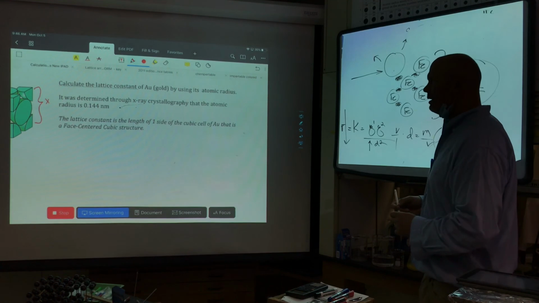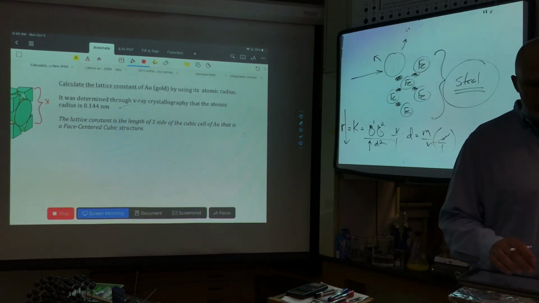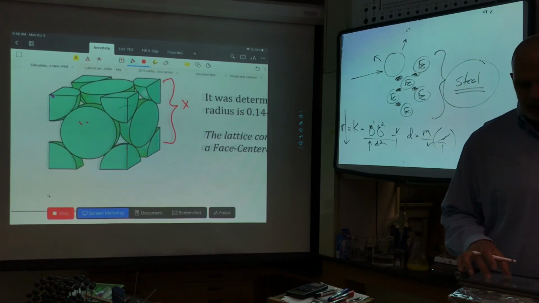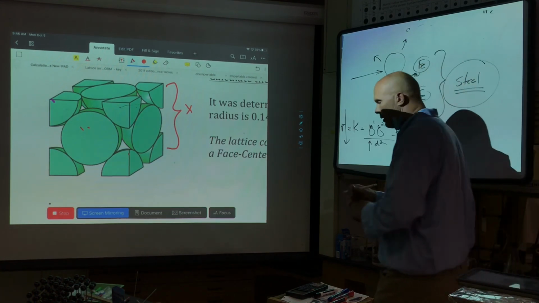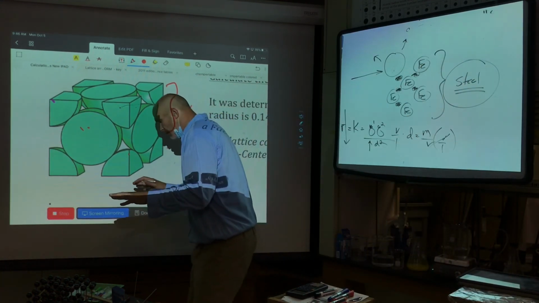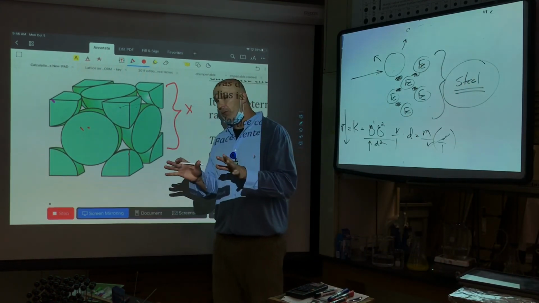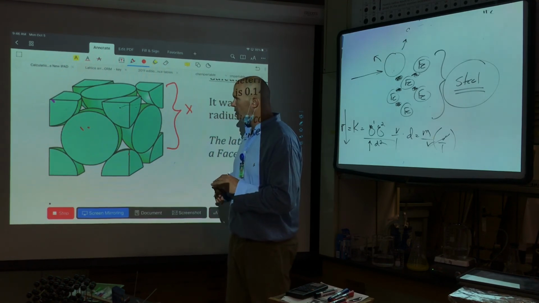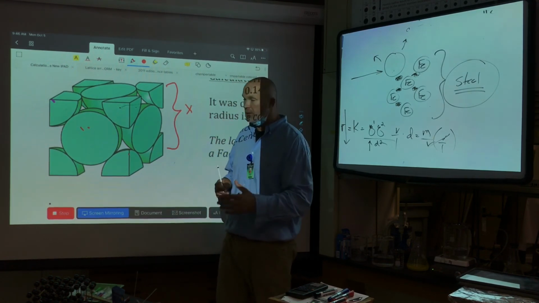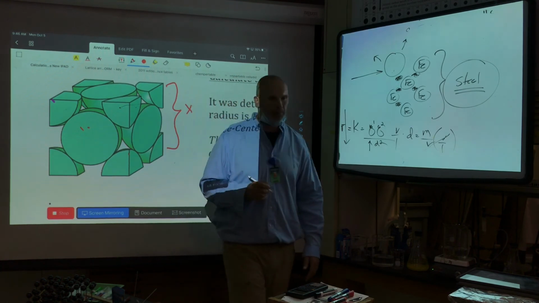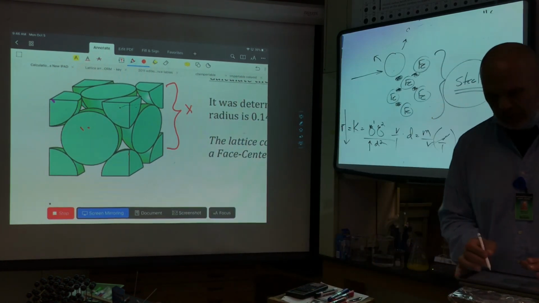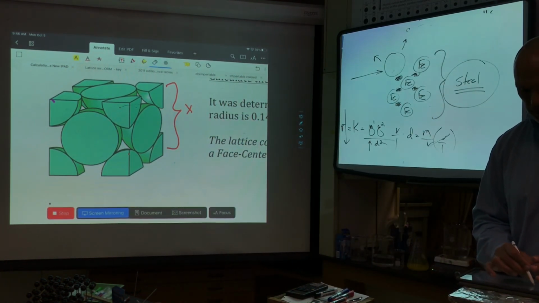And that's it. Okay, well, if X-ray crystallography gives you a diffraction of light that hits that metal a certain way, we know if it's body-centered or face-centered. Is this face-centered or body-centered? Face-centered.